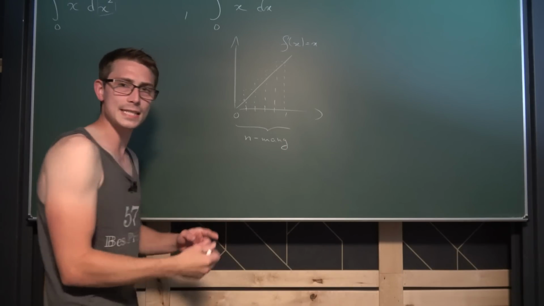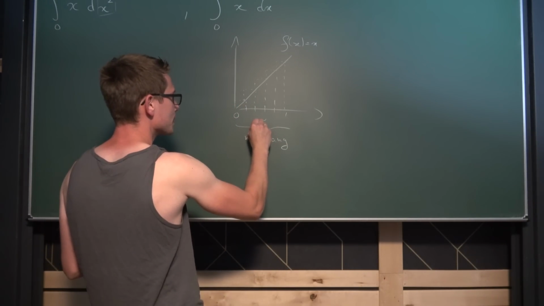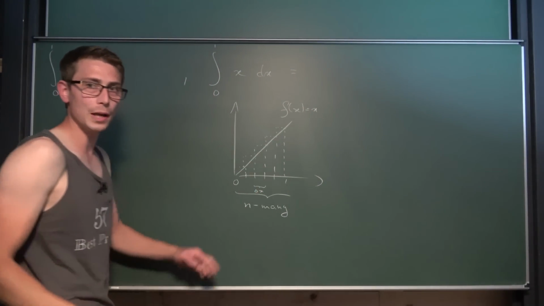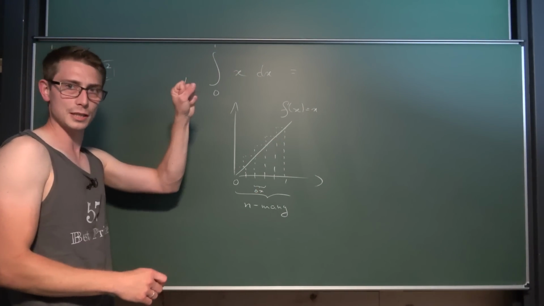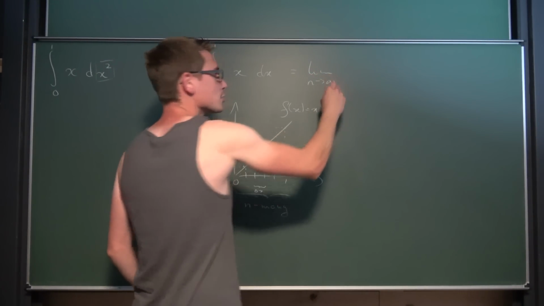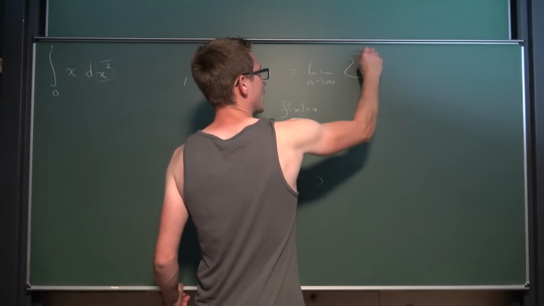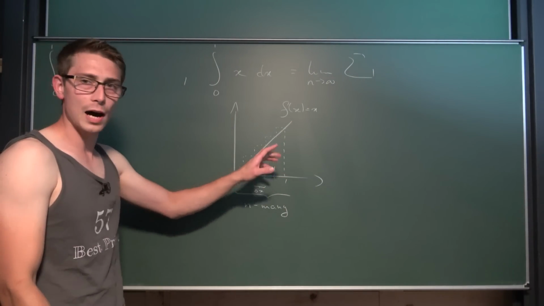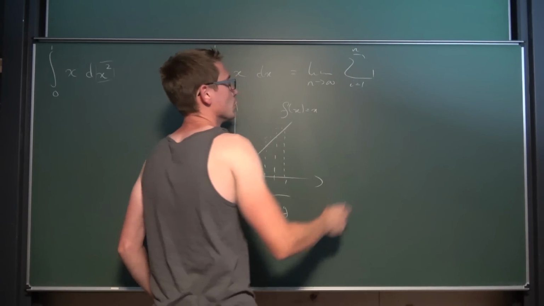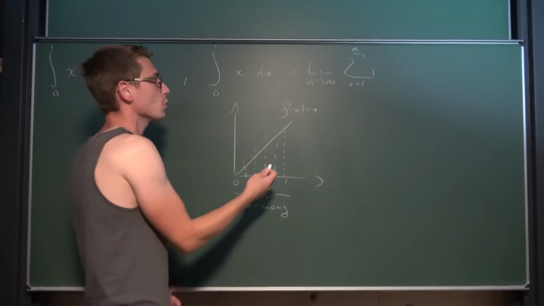So if we have n many partitions down here, and those partitions have a length of delta x, so this little length right here is going to be called delta x, then we can actually get ourselves a formula for the Riemann integral on this certain interval. Namely, in general, we are going to take the limit as the number of partitions goes to infinity of the sum of all our rectangles together, where i starts at 1 and goes to n, because we have n many rectangles, because we have n many partitions, obviously.